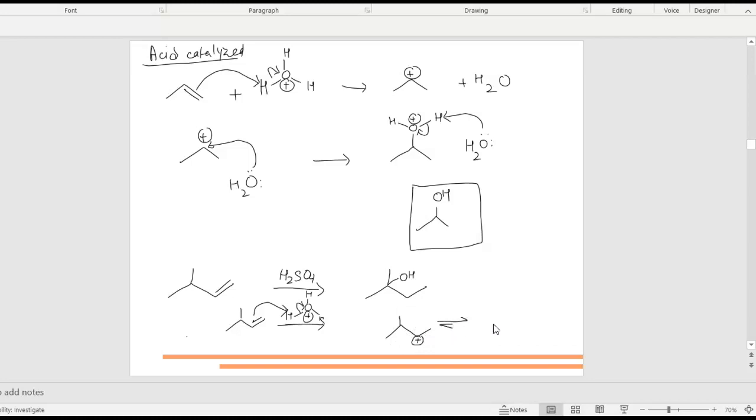So it rearranges itself to the positive charge here, right? And then a water molecule attacks at this point to give you the OH2 with a positive charge on oxygen. Another water molecule grabs the proton, puts the electron back, and then results in the formation of this product.